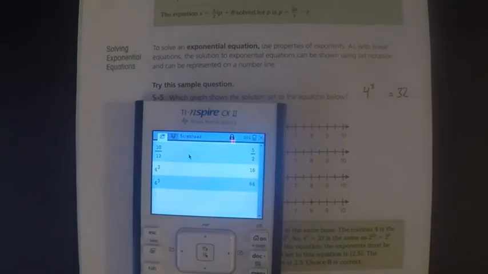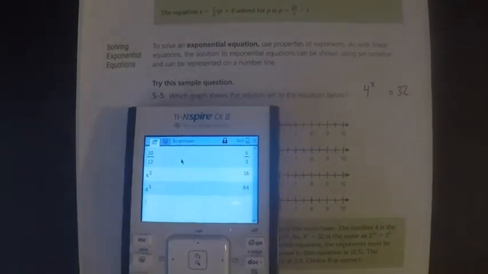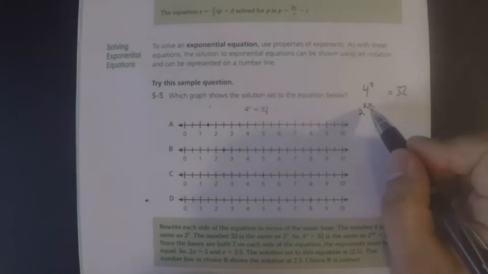So since base 4 doesn't get us 32, we're going to have to change both of these sides. The only other way we can write 4 is as 2 squared, with the base 2. Then we still are multiplying by this x here, so 2 to the 2x.